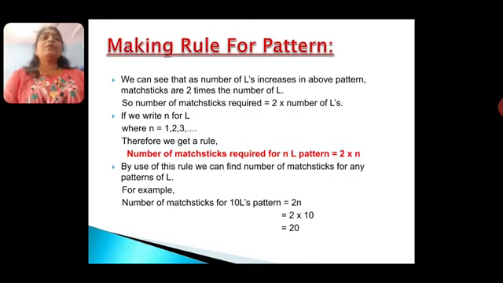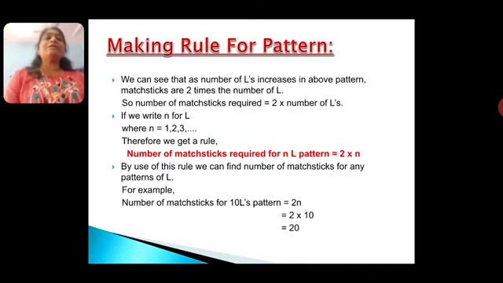Now, making rule for patterns. We can make general rule for patterns. We can see that as number of Ls increases in above pattern, matchsticks are 2 times the number of L. So, number of matchsticks required is equal to 2 into number of Ls.